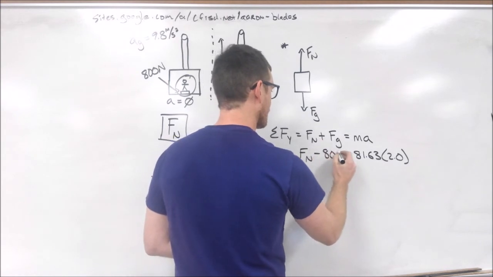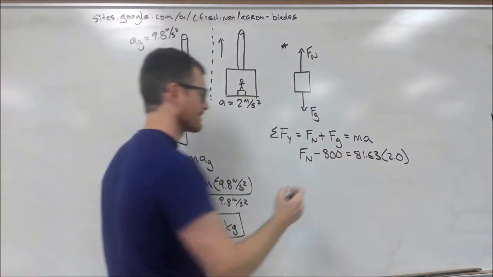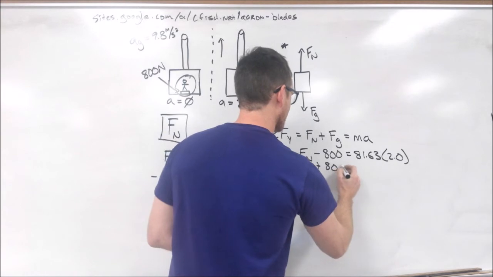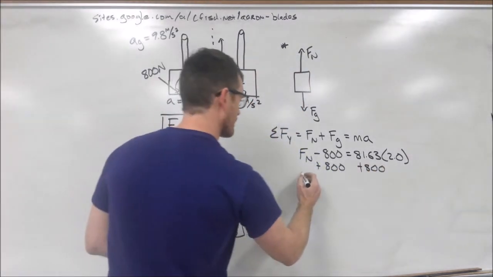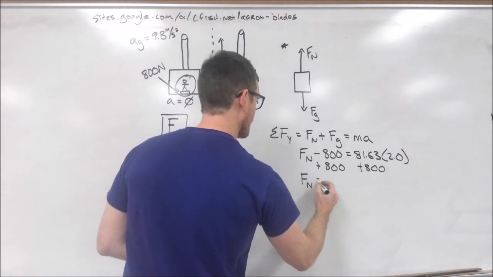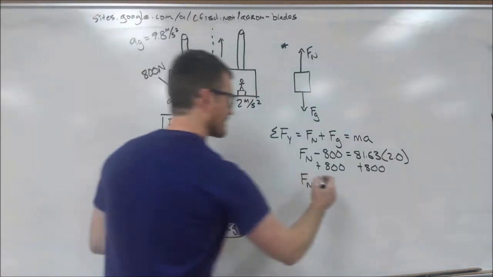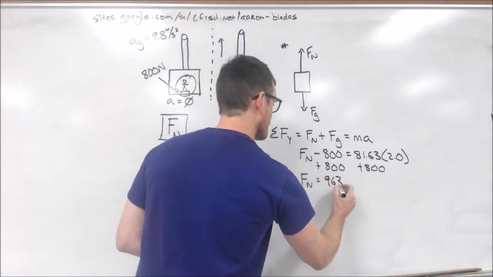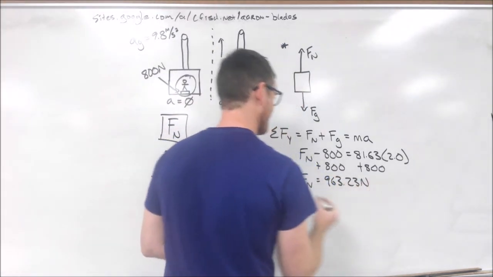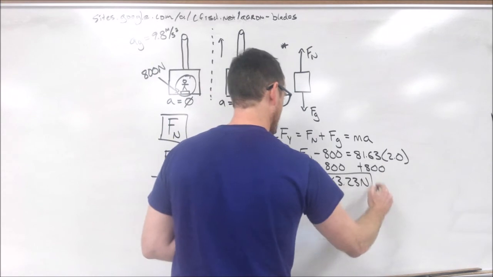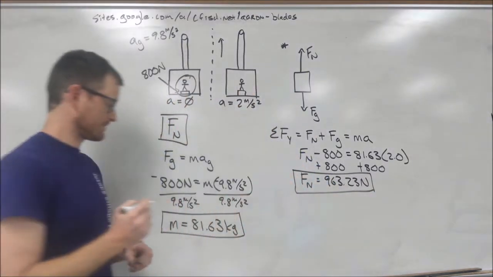So we have normal force minus 800 newtons equals 81.63 times 2. Add 800 to both sides, and we solve for normal force is equal to 963.23 newtons. There we go. Put a box around our answer.